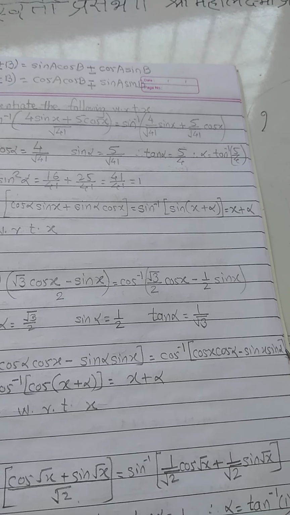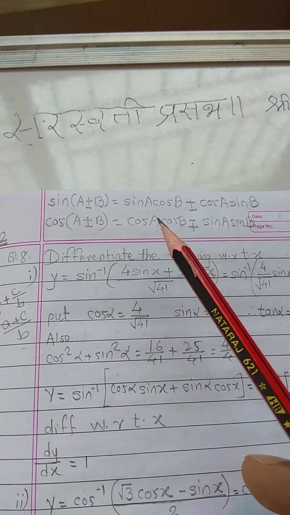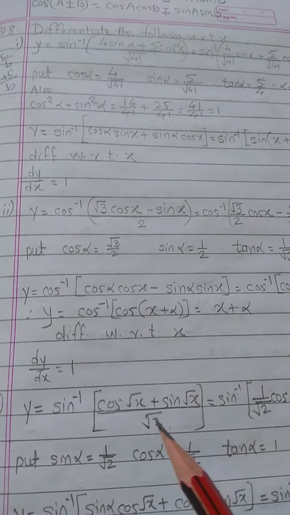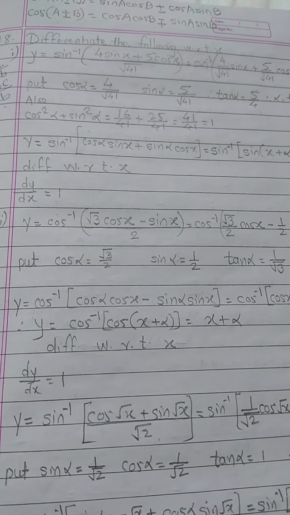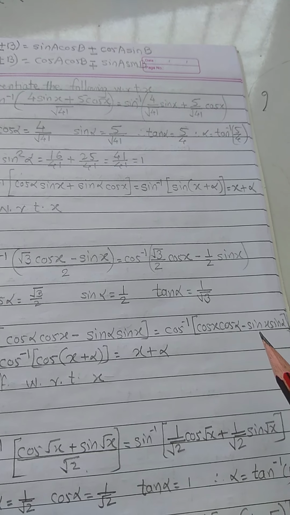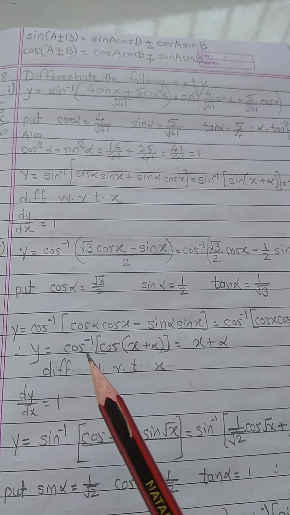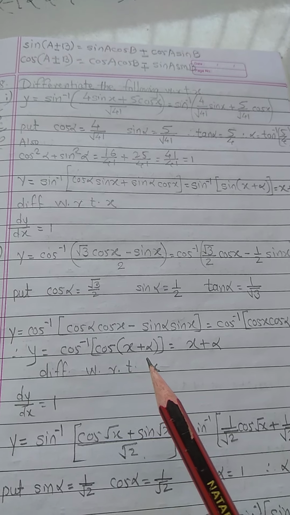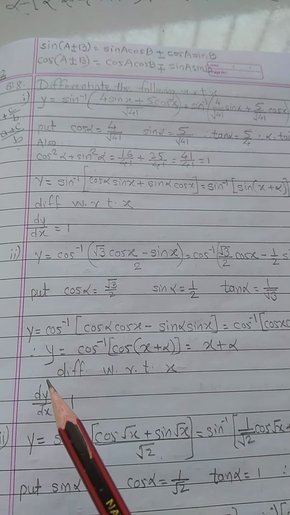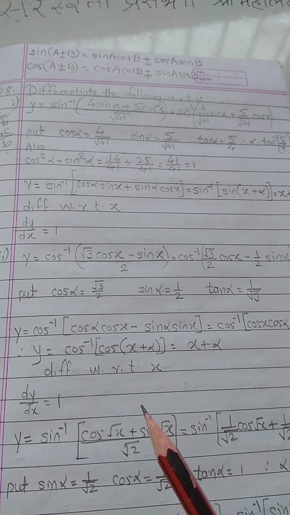Cos minus sin will give you cos of a plus b. So that we can have here cos x cos alpha minus sin x sin alpha as cos of x plus alpha. We know that cos inverse of cos of theta is always theta. Differentiating with respect to x, we will have dy by dx as 1, because derivative of x is 1 and derivative of alpha, a constant, is 0.